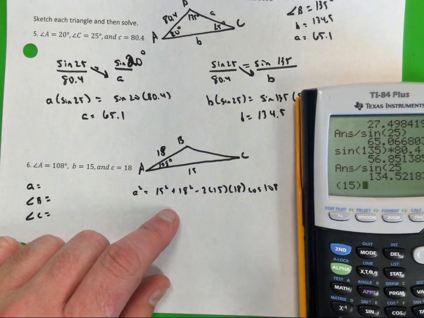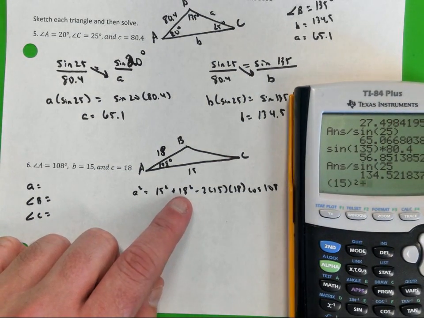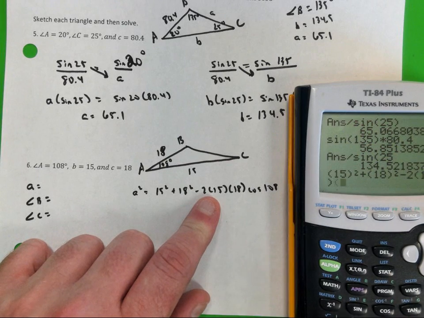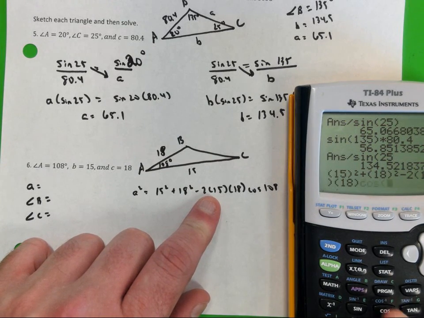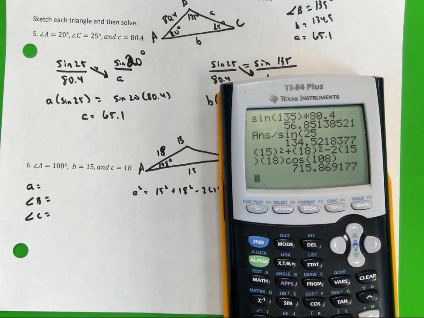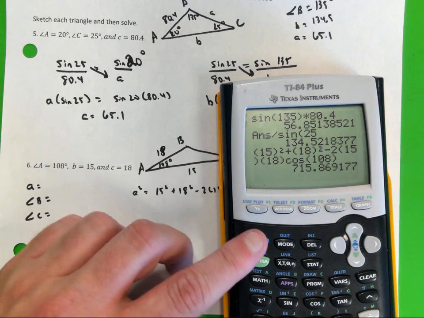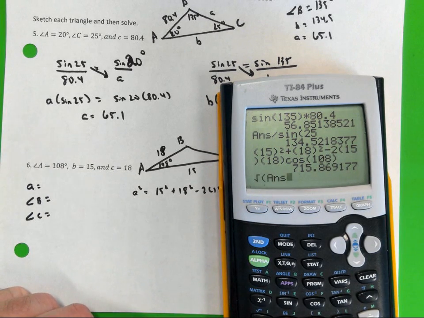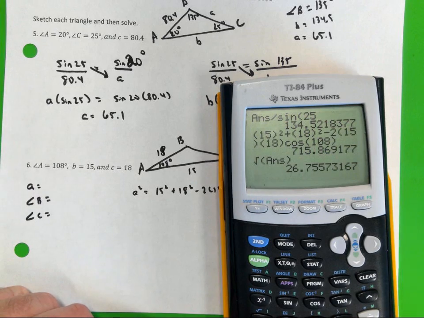Be very careful inputting all this in the calculator. Then I'm going to take the square root of that, use my answer button, and I get 26.8.